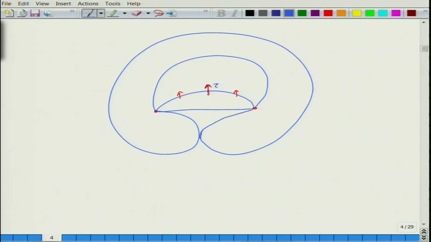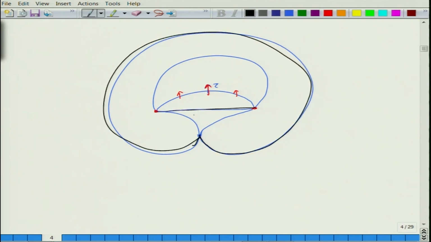Eventually what will happen is that these two will cancel each other. So it will look something like this. This line will remain like this, and it will appear as if the line goes back where it was, and this is the dislocation loop. So these are the dislocation loops that we keep creating.